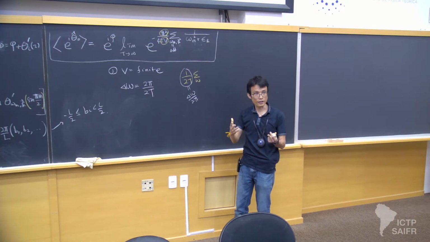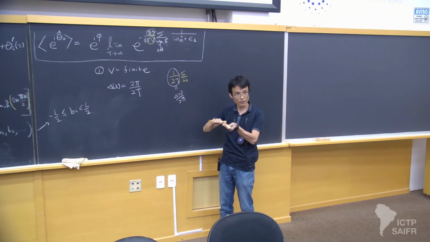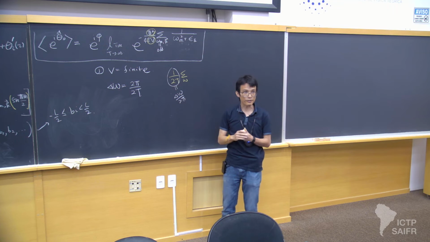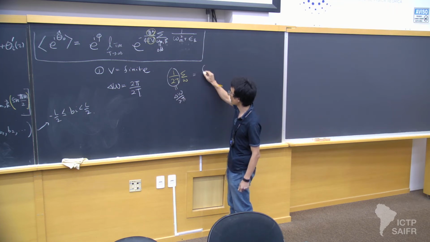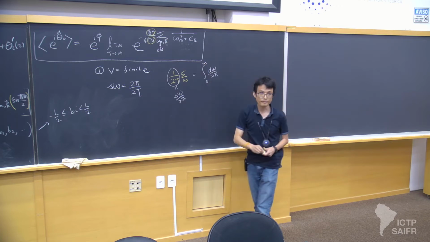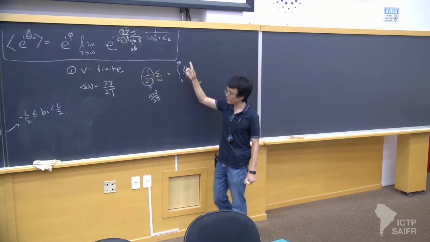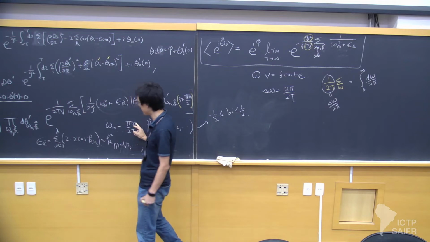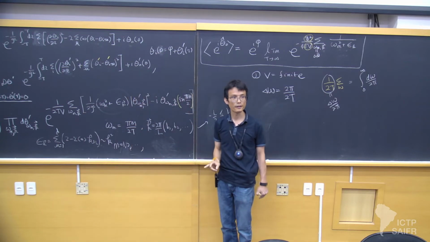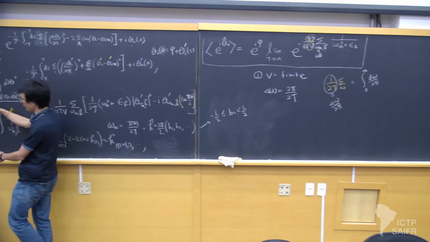And in the large T limit, delta omega becomes small, so therefore this is an integration, right? So this sum over frequency becomes an integration over frequency from 0 to infinity. It's from 0 to infinity because the frequency modes here are positive due to this boundary condition.